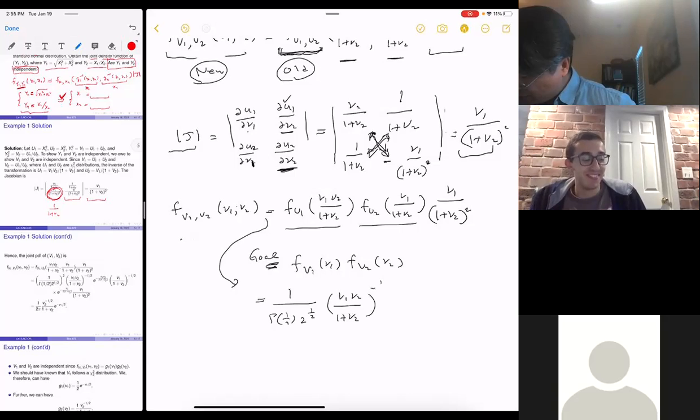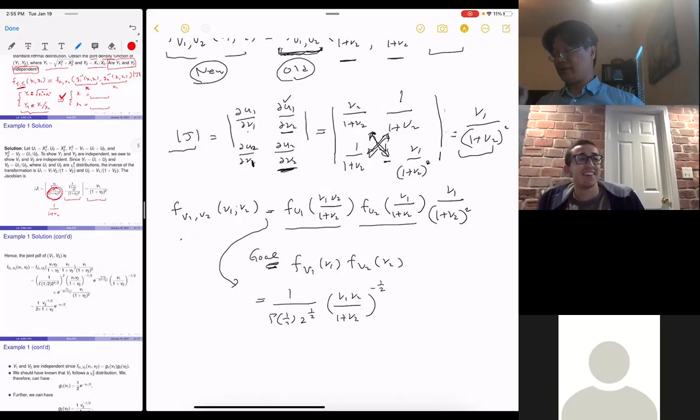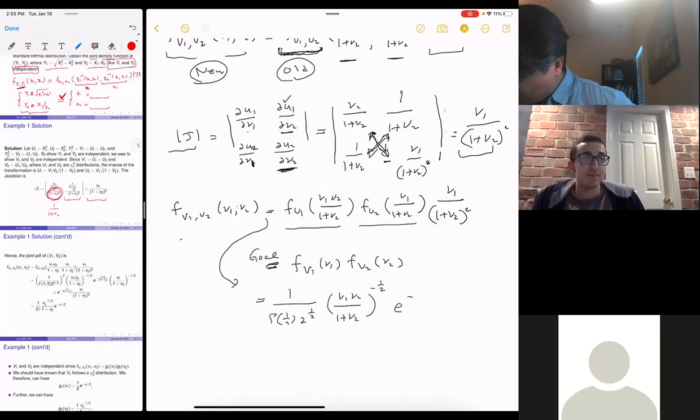Okay, this is X alpha minus 1. Then this guy right here is exponential minus X divided by beta. So that means this guy is X, it's V1, V2, 1 plus V2, then divided by beta. Beta is 2 right here.